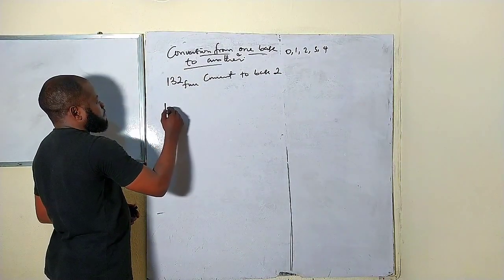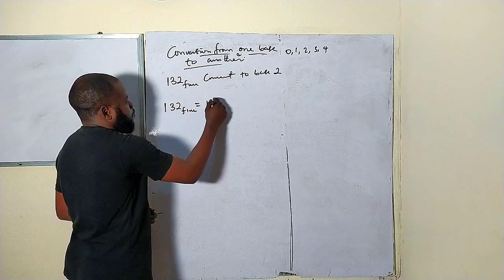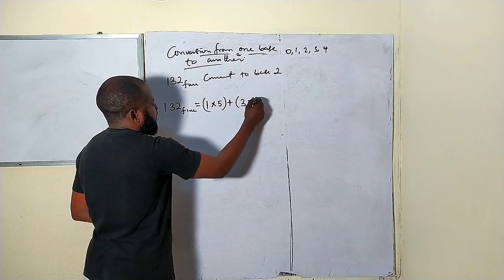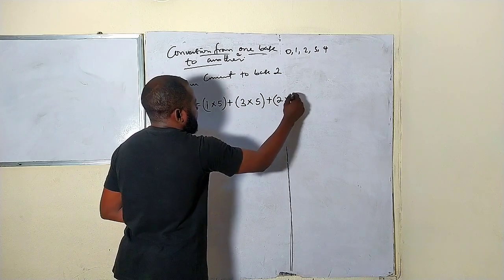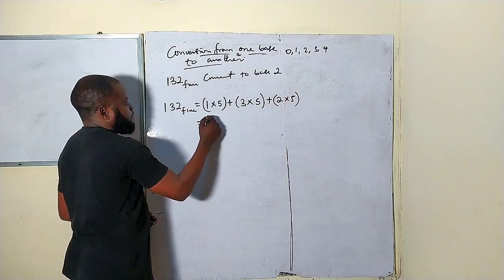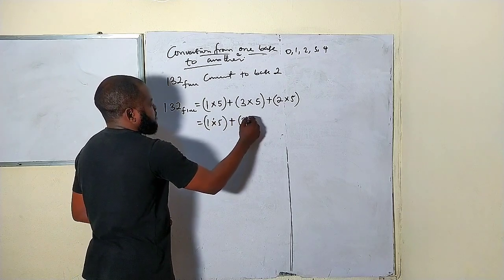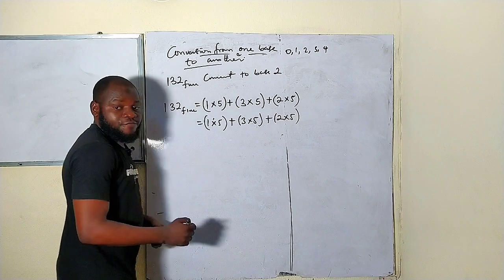We say 132 in base 5 is going to become 1 multiplied by 5 to the power 2, plus 3 multiplied by 5 to the power 1, plus 2 multiplied by 5 to the power 0. Are you following, guys?